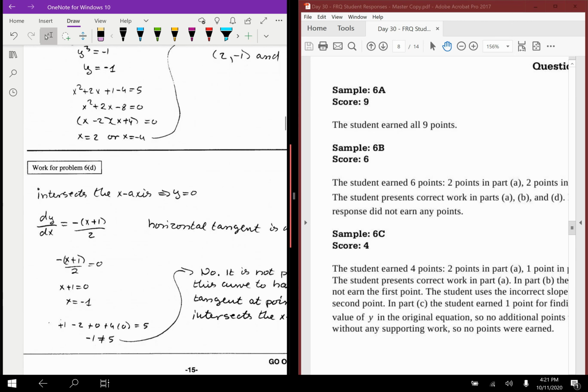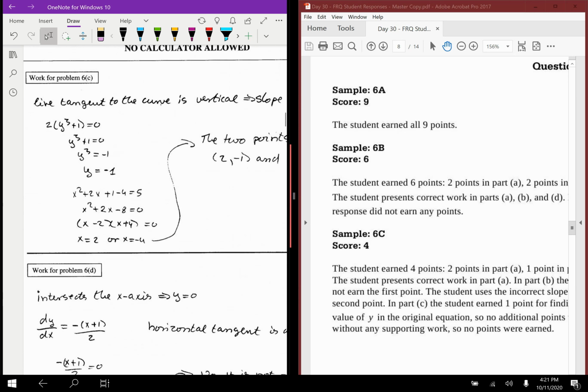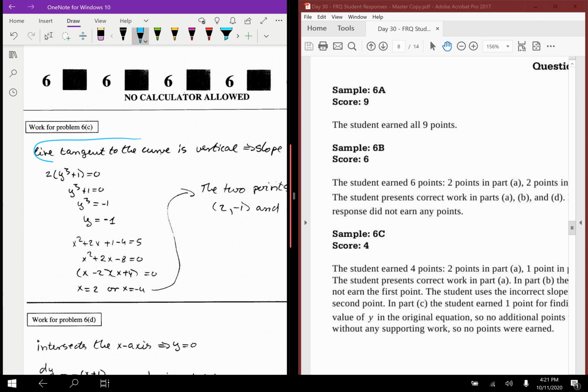So then we need our fourth one. You should notice, though, that they do give a quick explanation of what they're doing every time, and I think that's a really good idea. Don't just start off. For example, part C said, find all points where the tangent to the curve is vertical. Well, don't just start by setting the denominator equal to 0.